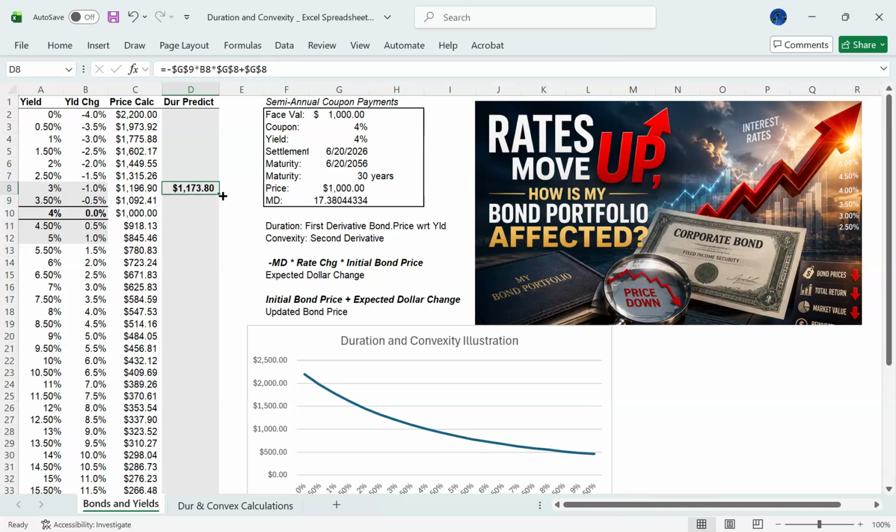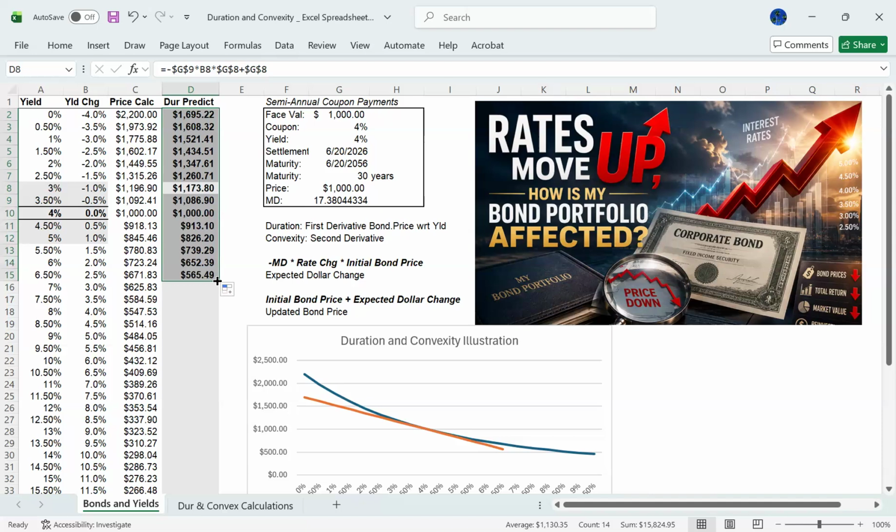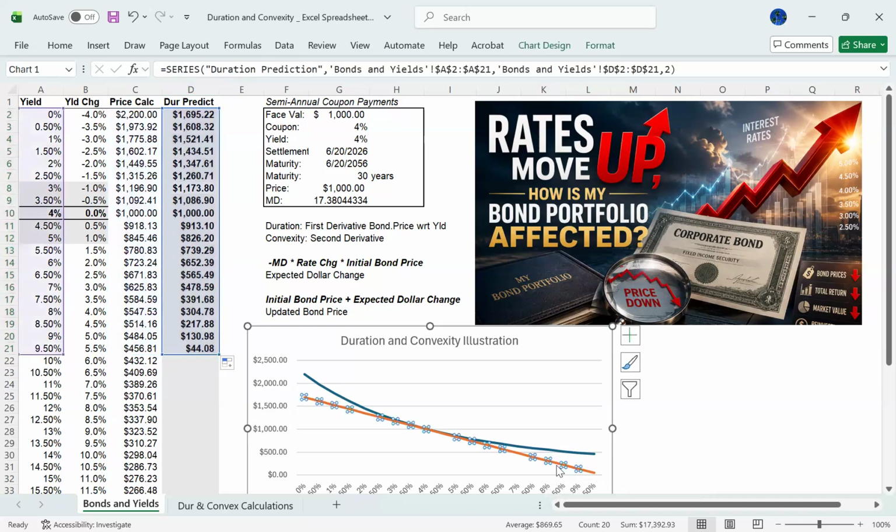Now let's quickly scroll this up, and let's also scroll this down all the way here. And as you can see in the graph, we're seeing this linear relationship here, a downward sloping line, which is the prediction of the bond price only using duration.